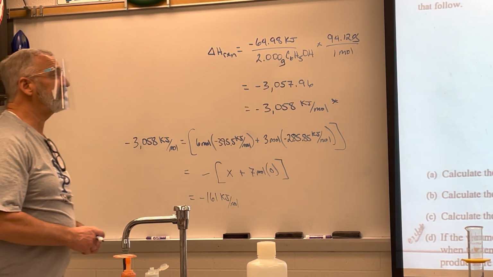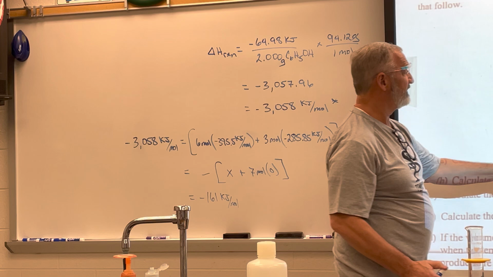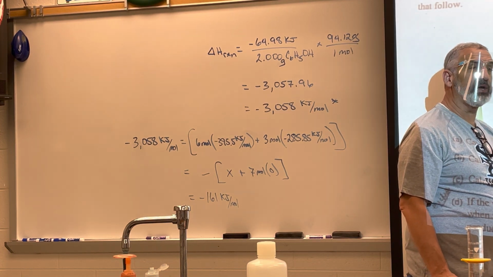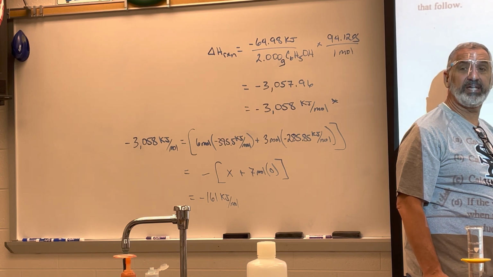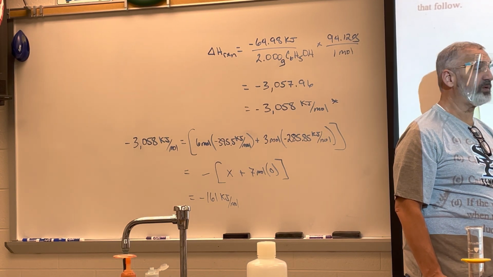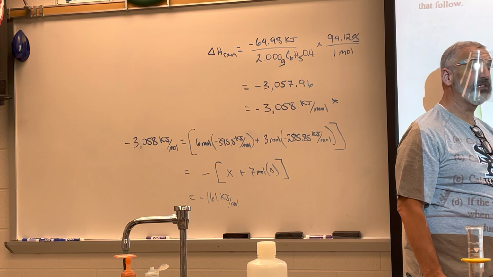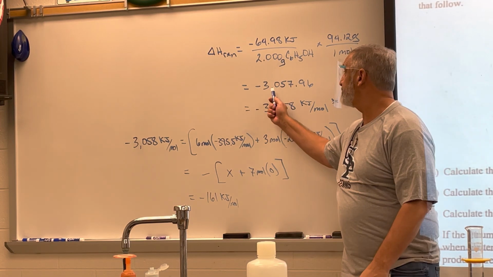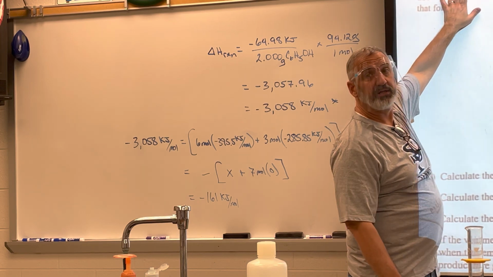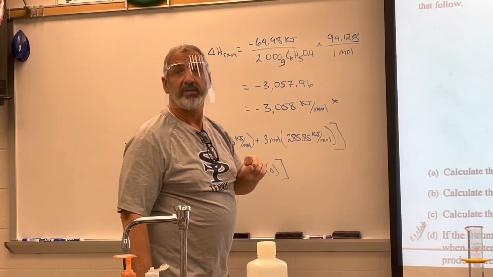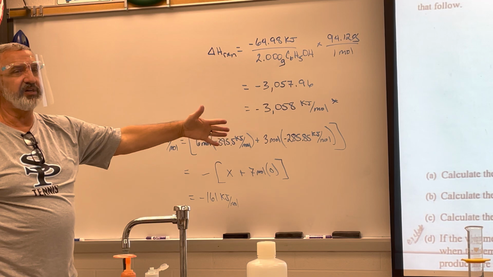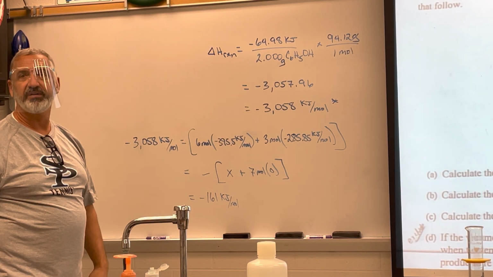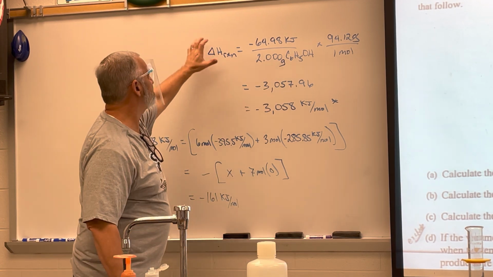This is just one of the variants of how you can use the Big Mama equation: calculating the delta H where you know delta H of the reaction and you have to find the individual heat of formation. Oftentimes this value is given in the wording up here. Very good problem. Make sure you know how to do this conversion right here.